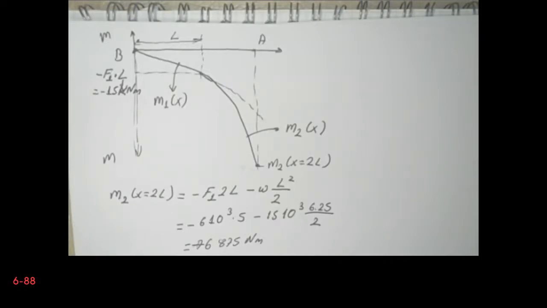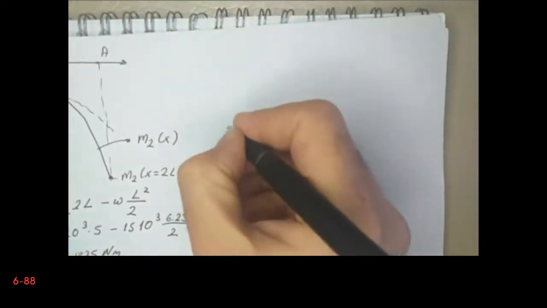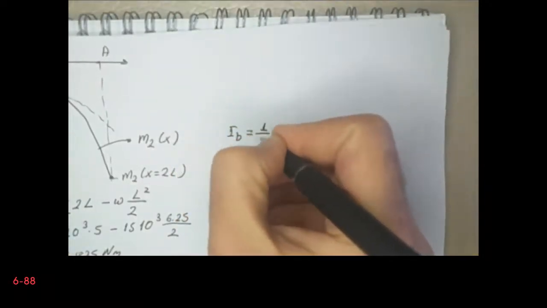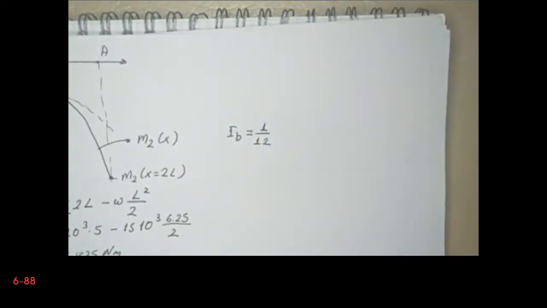we need to calculate the bending moment of inertia. Bending moment of inertia of the system is, in fact, I bending 1/12. So this is the bending moment of inertia with respect to the center. Since we have a square cross section, the neutral axis is just at the center.